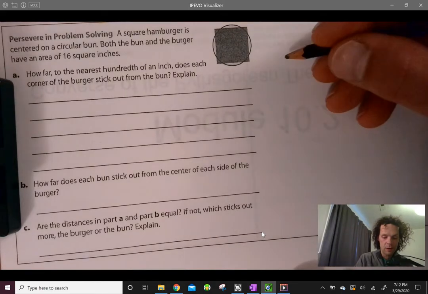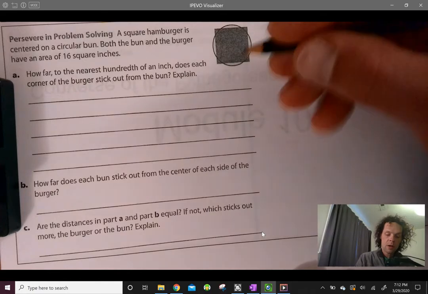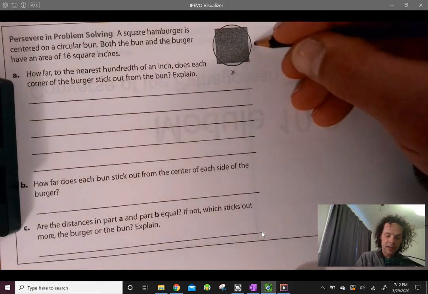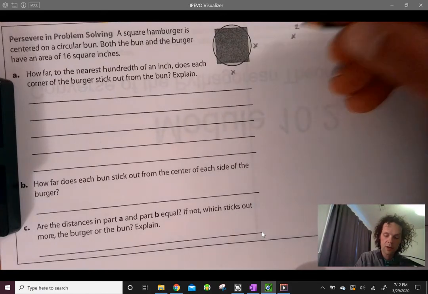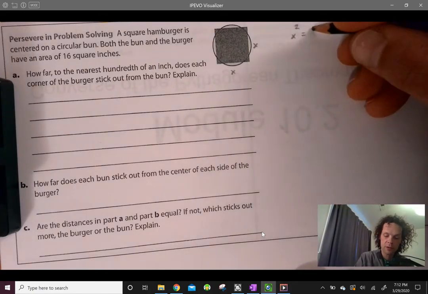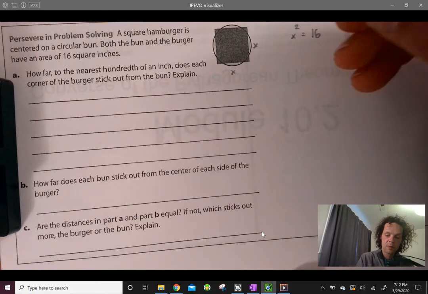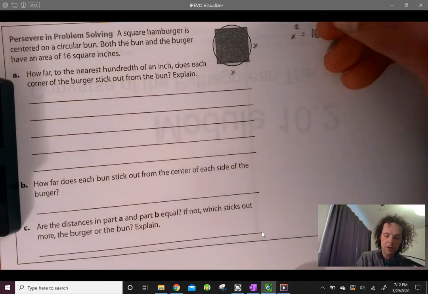So my square is 16 square inches. So if I call my sides x, well, I know that x squared is equal to 16 because area equals side squared.